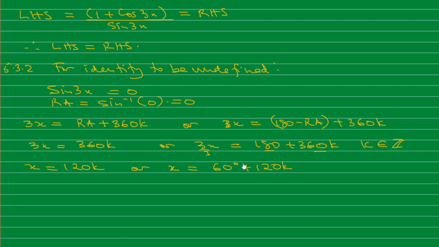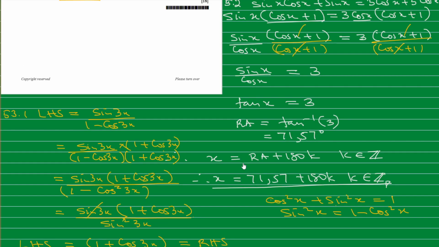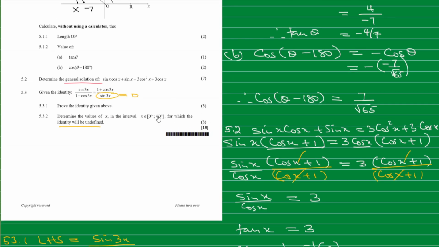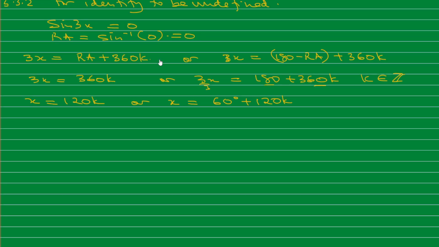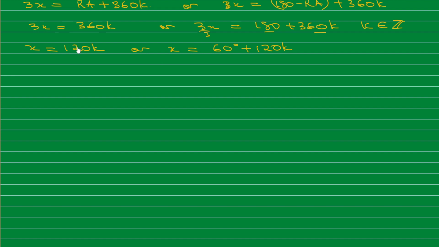Now we have got a restricted domain here. They want the answers from 0 to 60 degrees. So now we have to test the values of k that give us that range. We have x is equal to 120k, or x is equal to 60 plus 120k.